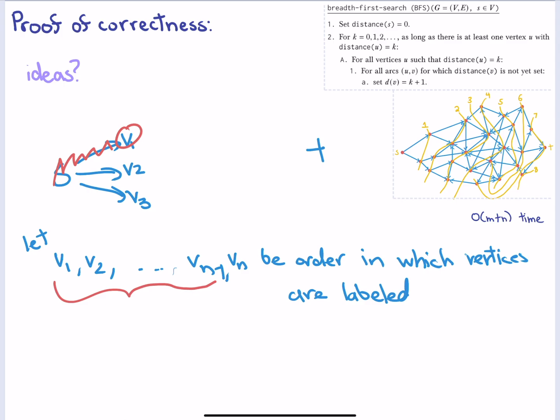But that might be a way to do induction on the number of vertices, by removing the last vertex that gets labeled. By induction, argue that breadth first search is correct on the first n minus 1, and then argue that your algorithm running on all n vertices coincides with the same algorithm run on just the n minus 1 vertices.